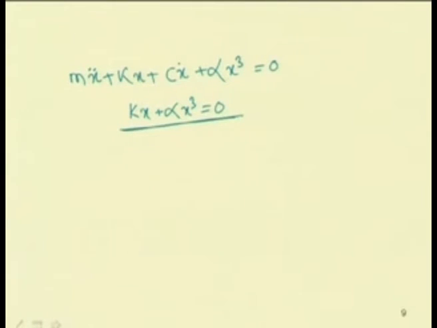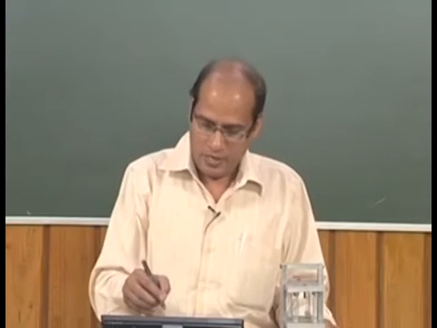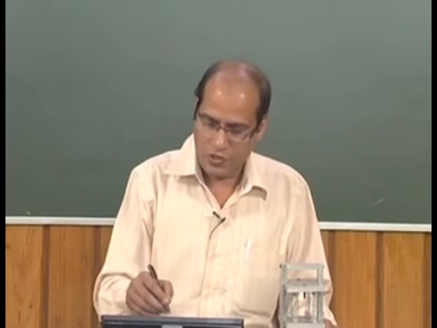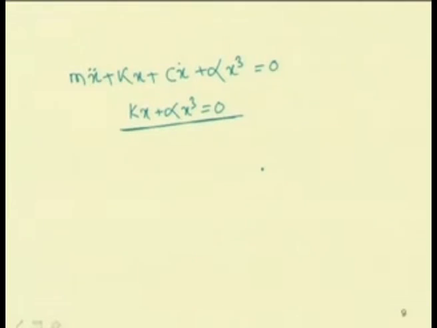One can make a qualitative analysis to study how the response behaves with time about the equilibrium position. That can be studied using qualitative analysis or quantitative analysis. Later we will study about this qualitative and quantitative analysis.